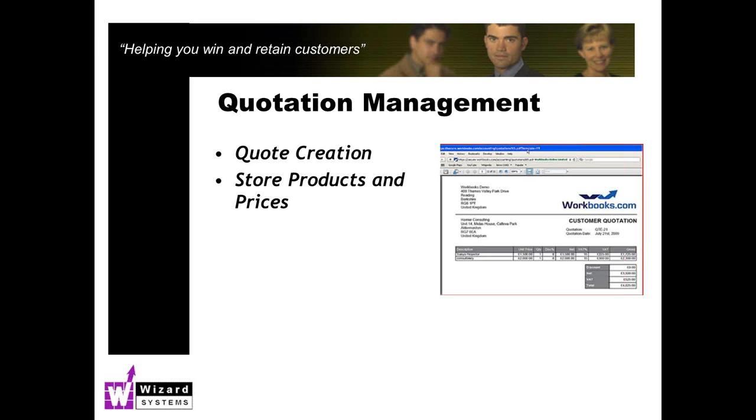So if you get from suppliers or you maintain yourselves, say, an Excel spreadsheet of products, part numbers, descriptions, cost price, selling price, that can be uploaded into Workbooks so you can start quoting on those products. You can also type ad hoc products into a quote as well. It doesn't have to be in a price list as such.